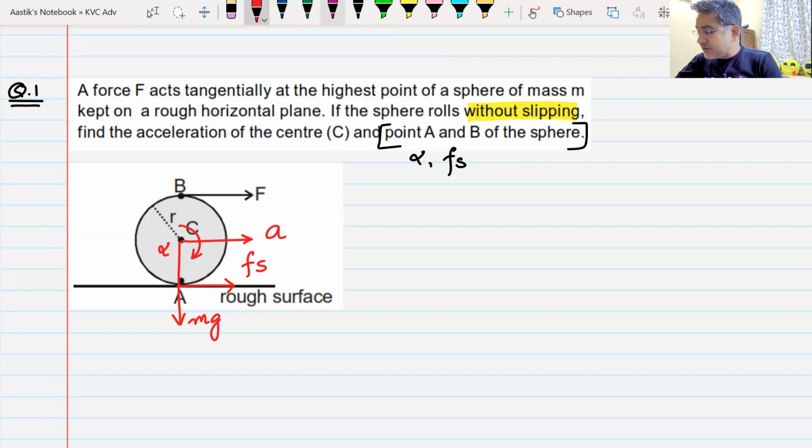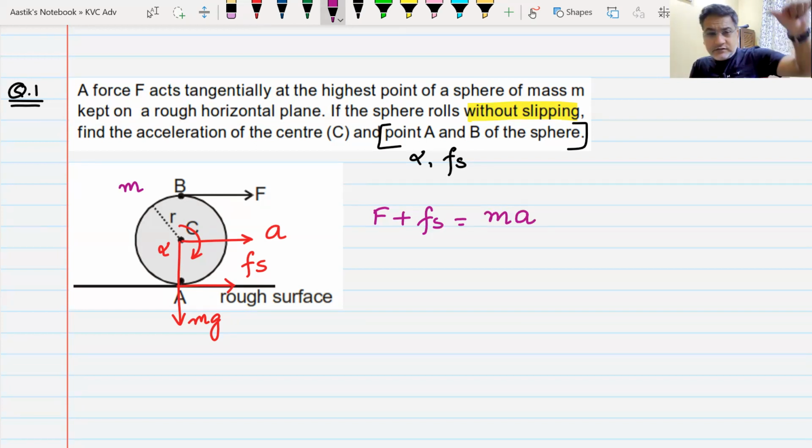The translational equation: F plus static friction Fs is equal to m into a. Mass is not given, you can take the mass as m and radius as r. Anyways, you will not require mass unless you find out the value of Fs.